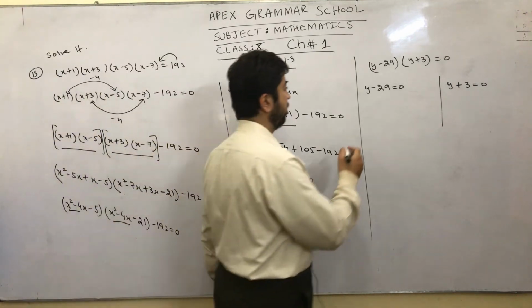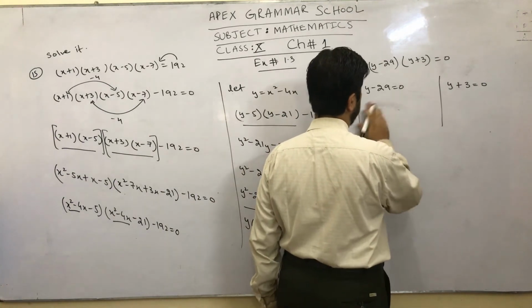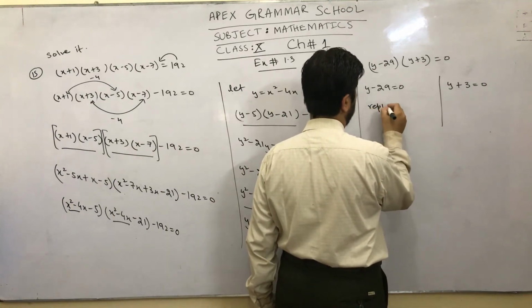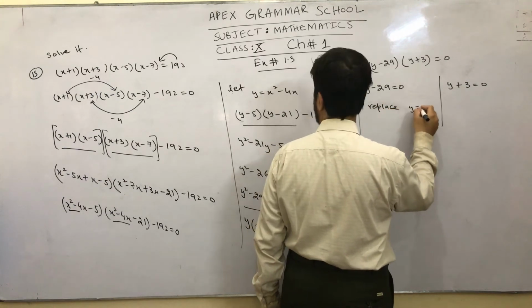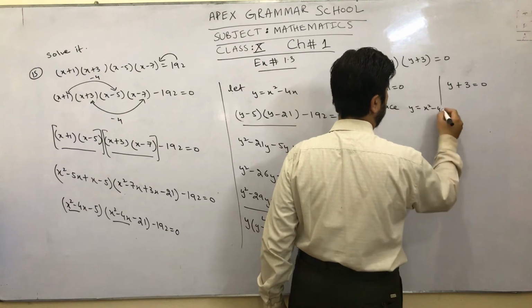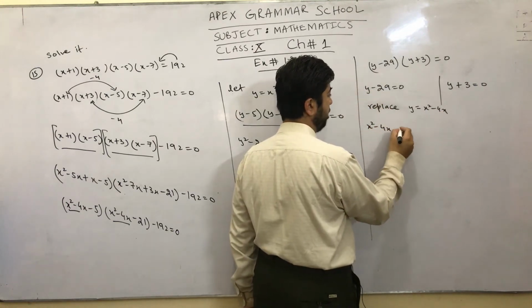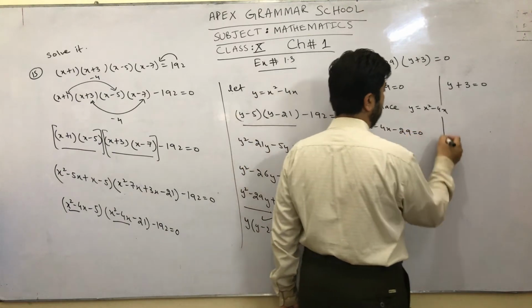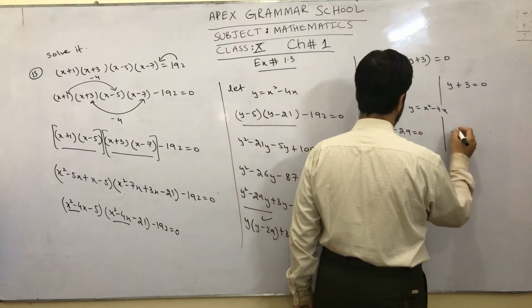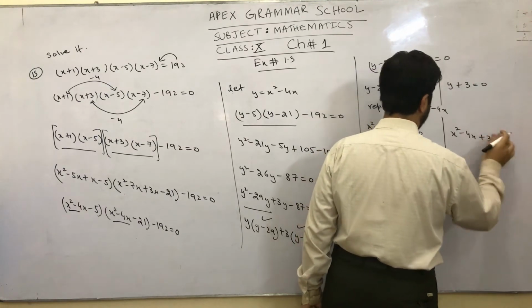So put, or replace, y is equal to x square minus 4x. So you have to write x square minus 4x here, minus 29 is equal to 0, and then x square minus 4x plus 3 is equal to 0.